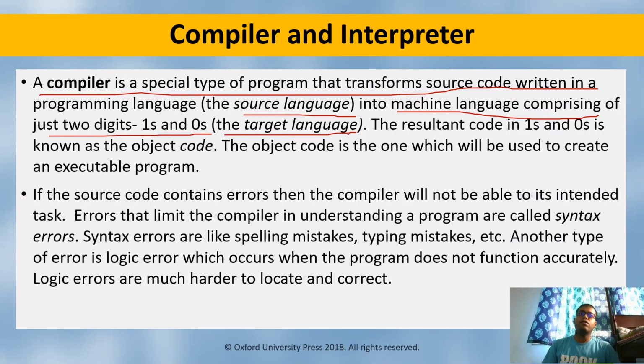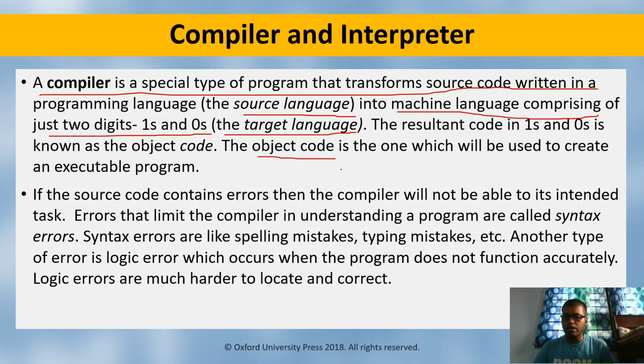A machine can only understand ones and zeros, so we need to convert our source code into the machine language. This combination of ones and zeros is known as the object code.